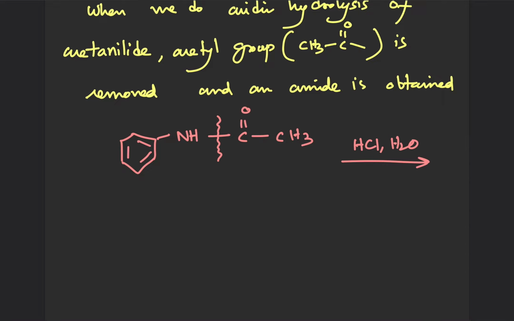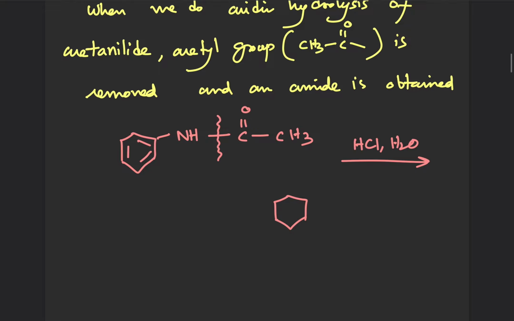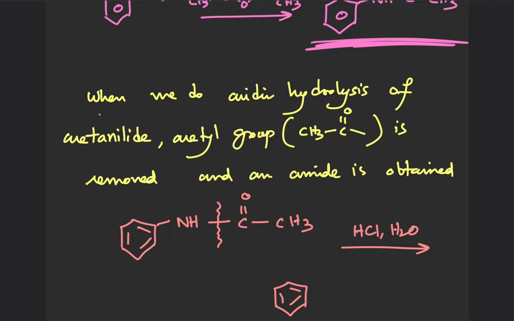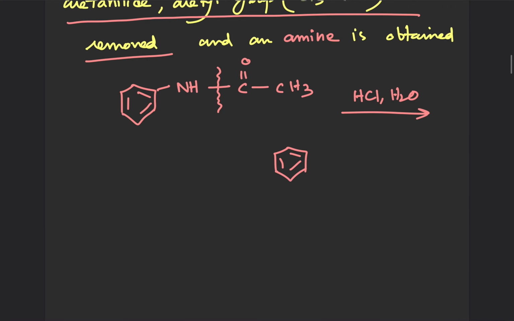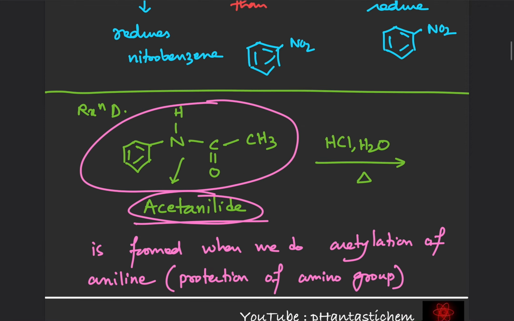So this bond is going to break and I will get the, okay, I have made a mistake here. When we do acidic hydrolysis of acetanilide, the acetyl group is removed and an amine is obtained, not amide. The amine that we obtain is NH2, which is our aniline, and the other product that we get is CH3COOH. Therefore reaction D is correct, it gives us aniline.